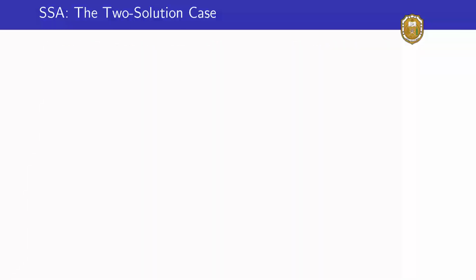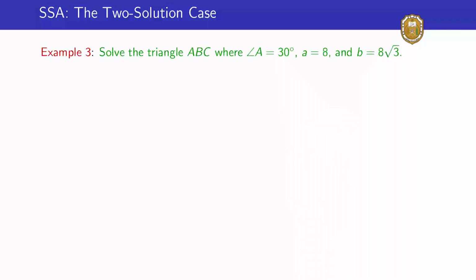Example 3: we still look at SSA, where two sides and an angle are given. But in this case, we look at the two-solution case, where you have two solutions. Example 3 says, solve the triangle ABC, where angle A is 30 degrees, length a is 8, and length b is 8 root 3.